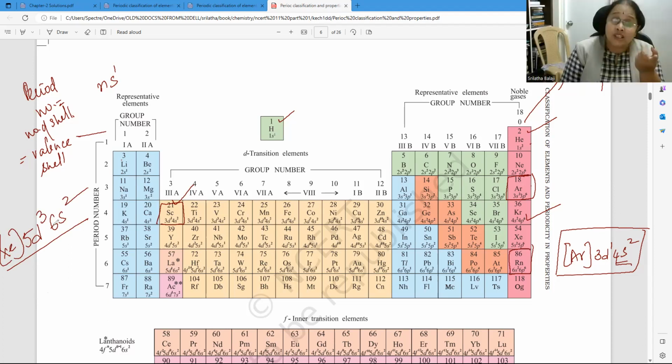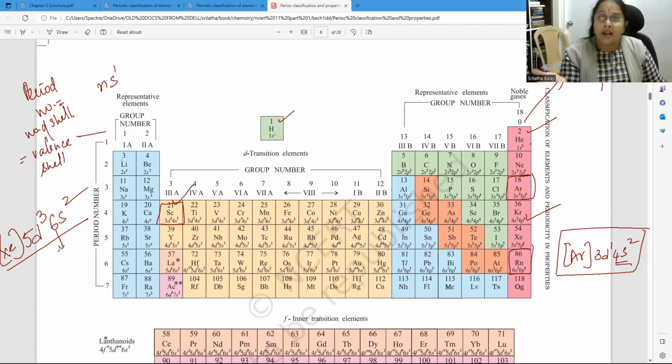Why? Because the outermost shell, or the so-called valence shell, is the 6th shell. So from the configuration, you can make out the basis for arrangement. The outermost shell of the element represents a period. Is that clear? So period number is also indicating the total number of shells or the outermost shell.